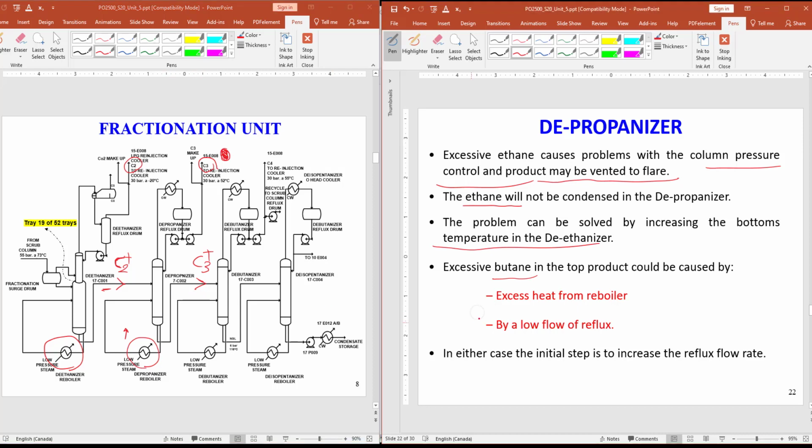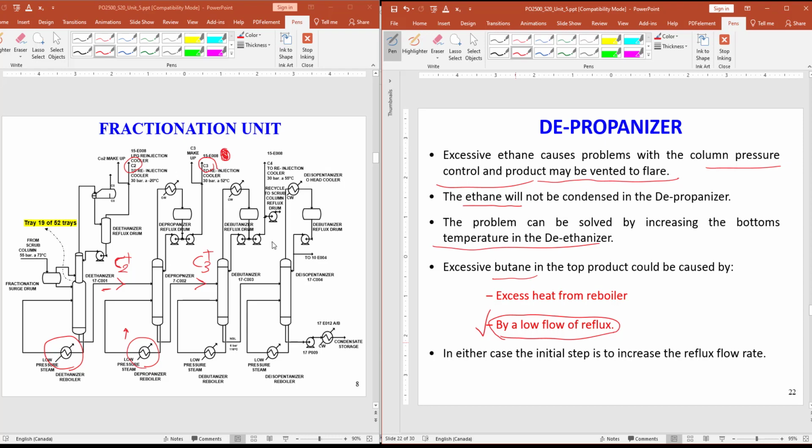Or we can adjust the flow rate of the reflux, which also changes the amount of butane here.